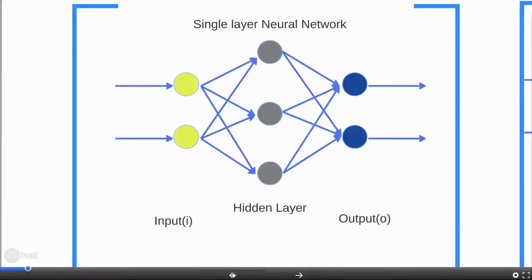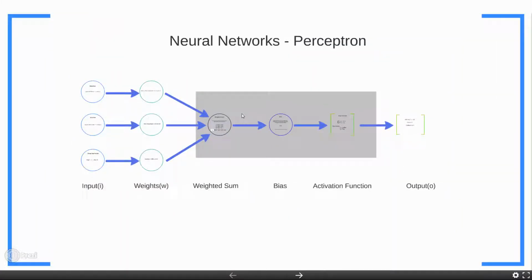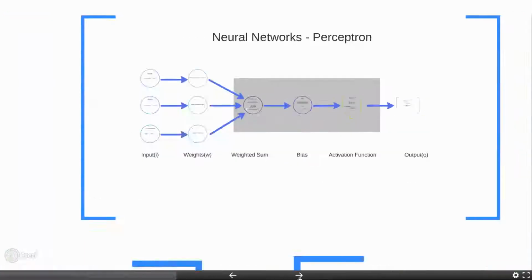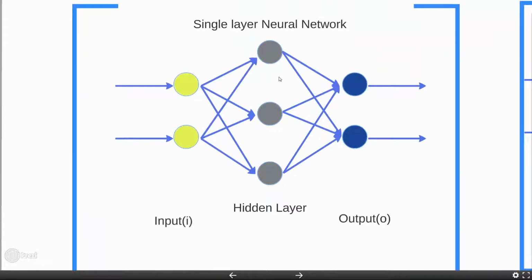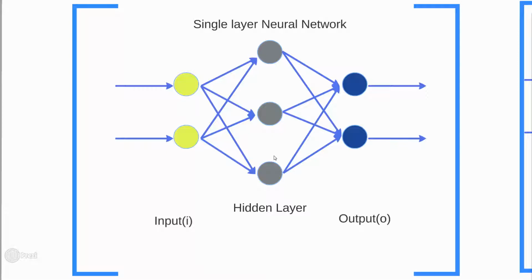So if I go back real quick, each of the neurons, or each of the gray dots in the next single layer stage, has all these three components. That's what makes a single layer neural network. So we have three neurons here, so basically three perceptrons in one single neural network.